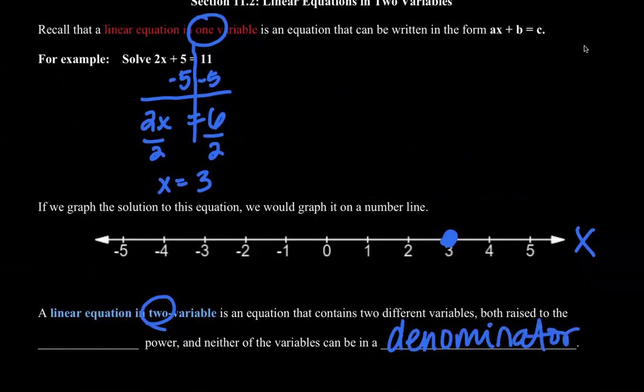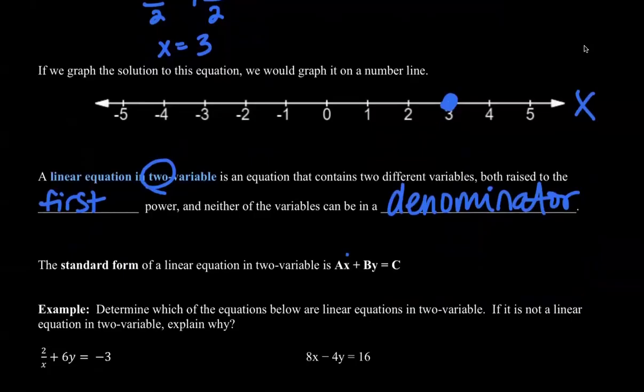So the variables are raised to the first power, which just means these exponents would not actually be written. It's understood they would be 1, and the variables cannot show up in the bottom of a fraction, the denominator. So the standard form of a linear equation in two variables is this. Highlight that in your notes.